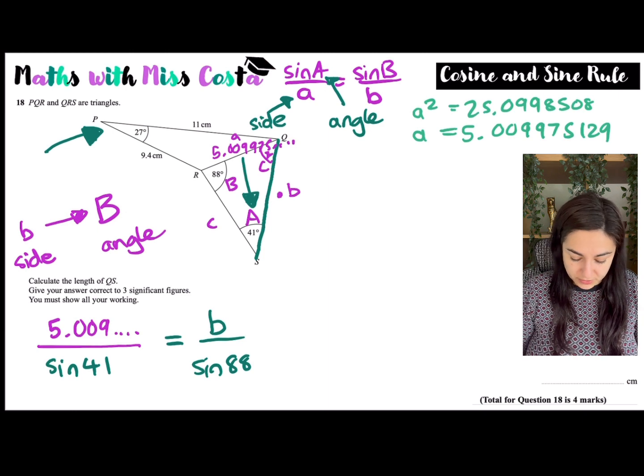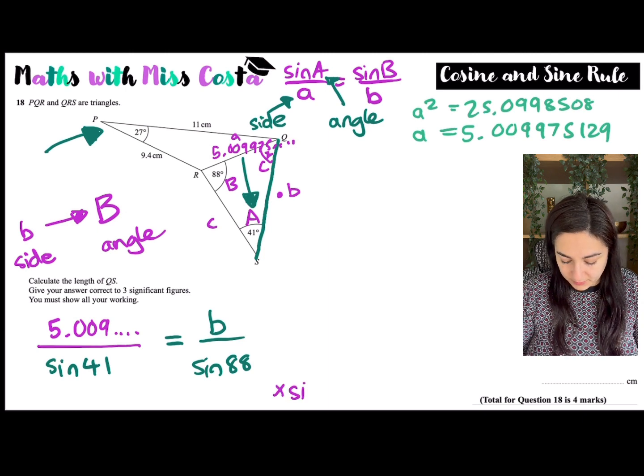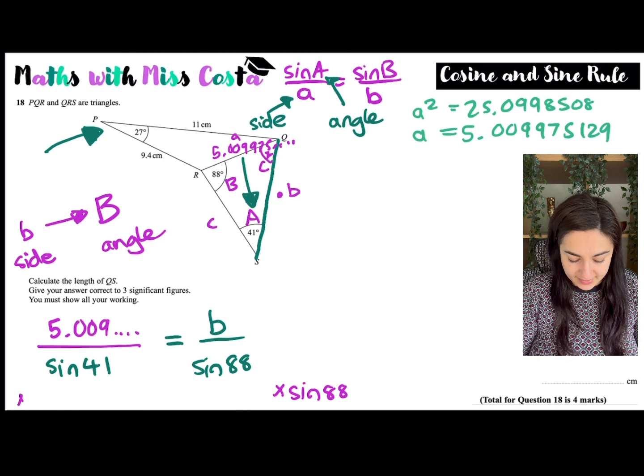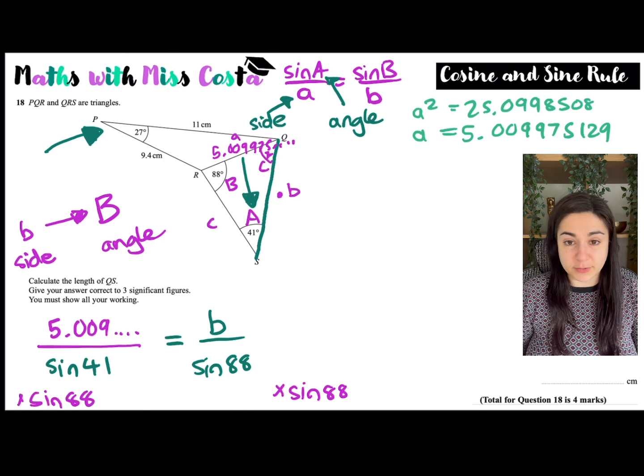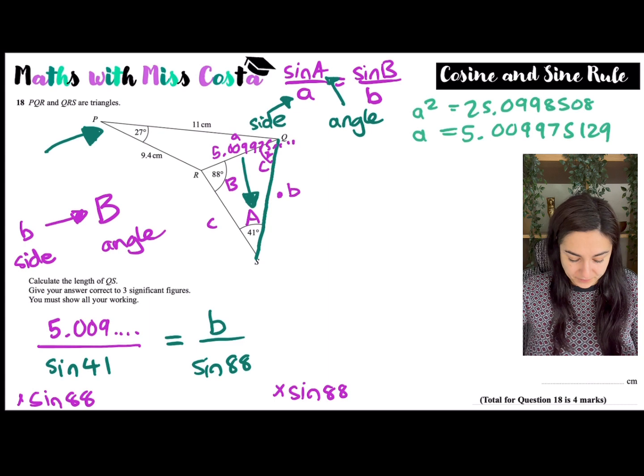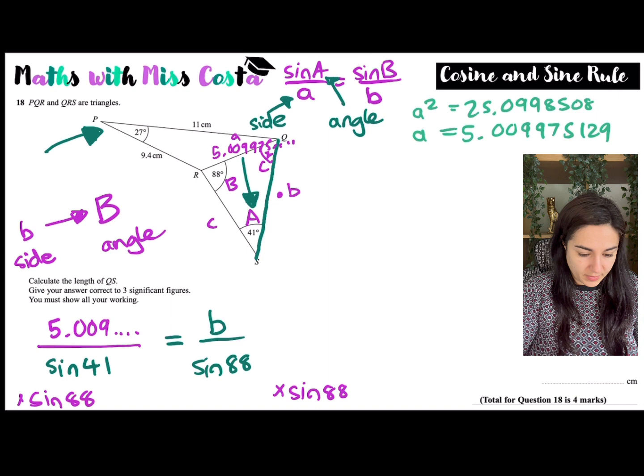I just want to rearrange this. So what am I going to do? I'm going to multiply both sides by sine 88. It's just like rearranging algebra. It's got some trigonometry in it. So if I type this into my calculator, I'm going to save the answer from before so that I'm super accurate. So 5.0099 and so on over sine 41 multiplied by sine 88.